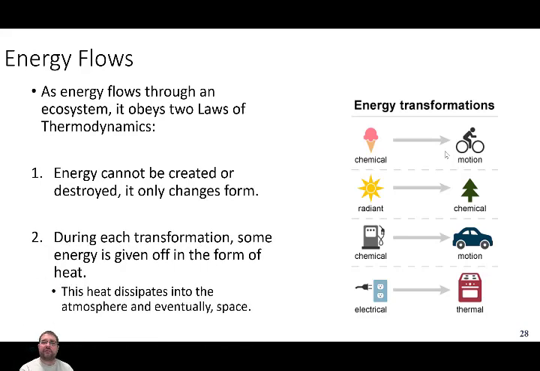And the second law of thermodynamics is that when you transfer energy from one form to another, some of that energy is lost. Okay? Depending on the transferability, how well those organisms can transfer that, or how well our system can transfer it, energy is lost. It's lost in the form of heat.